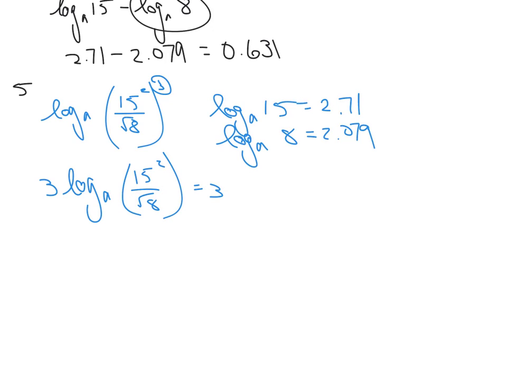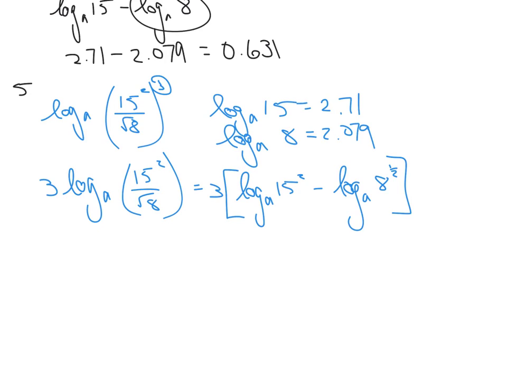So I've got my 3, I've got my log base a of 15 squared, minus log base a of the square root of 8. Okay, and instead of writing the square root of 8, we're going to write 8 to the 1/2 power.